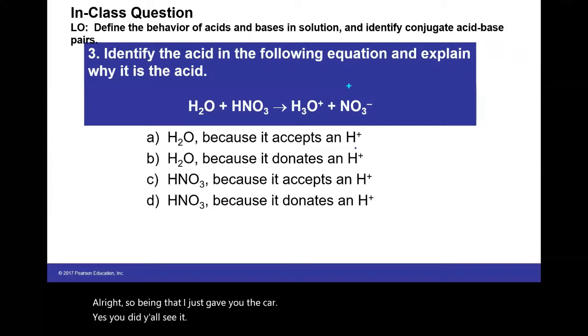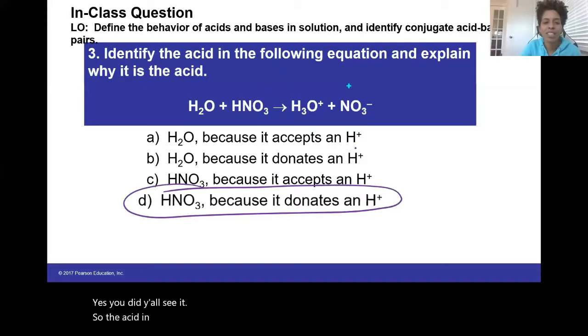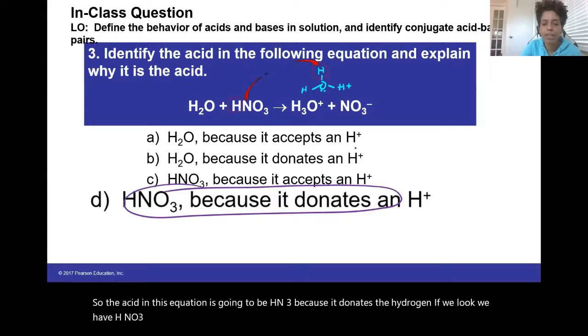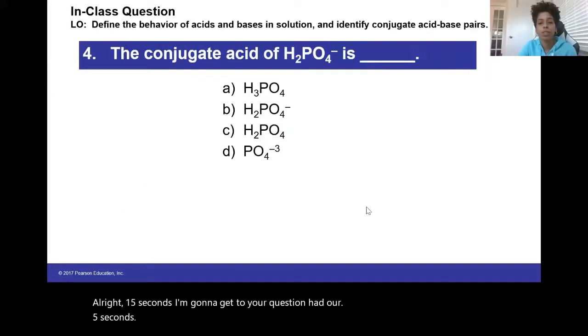So the acid in this equation is going to be HNO3 because it donates the hydrogen. If we look, we have HNO3 and then water accepts that hydrogen.